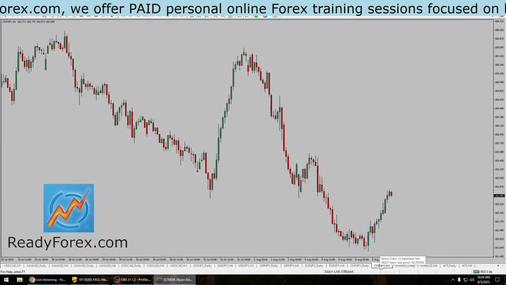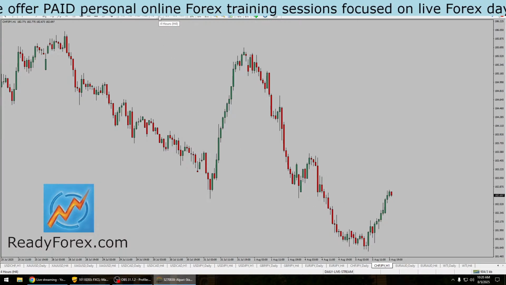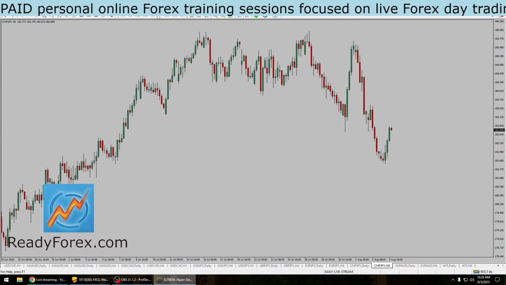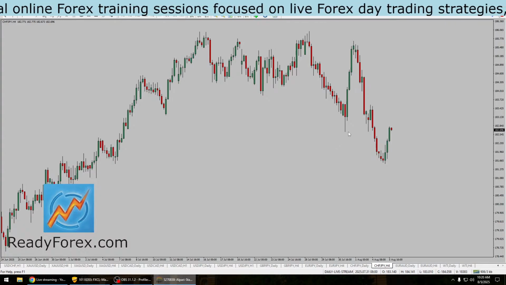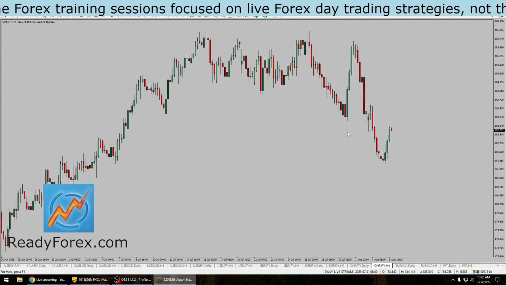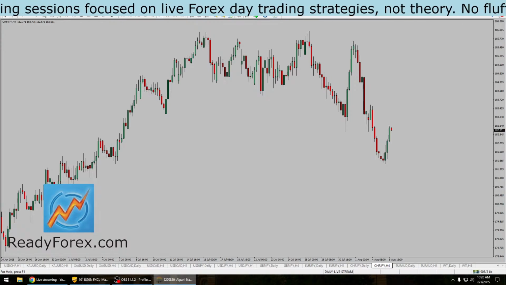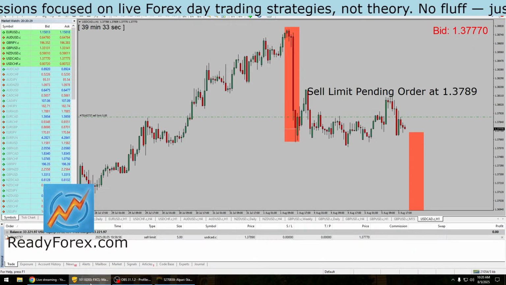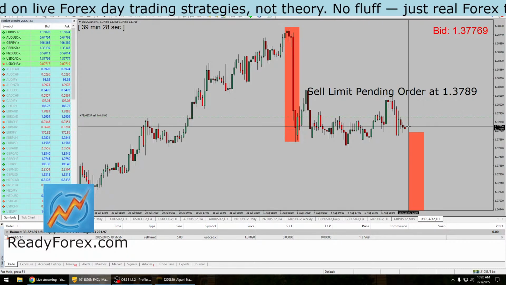Let us check out the 1 hour chart. In the 1 hour time frame, it looks to me like we have a nice downtrend, and even in the 4 hour time frame this looks like a downtrend going on in the Swiss franc versus Japanese yen currency pair. Let me check out what's going on in USDCAD, and it seems to me USDCAD wants to drop.